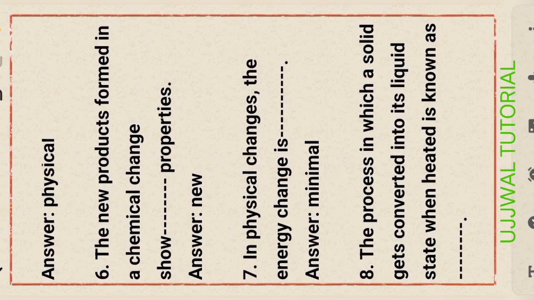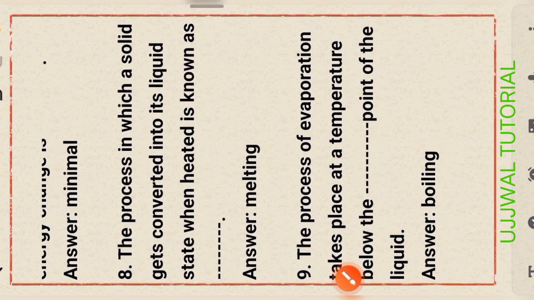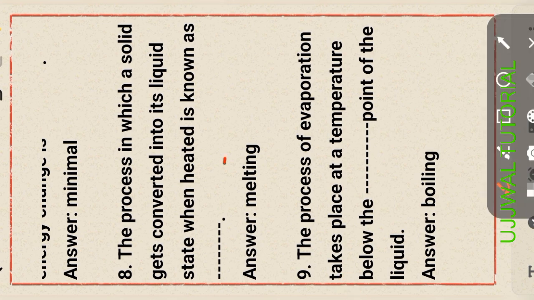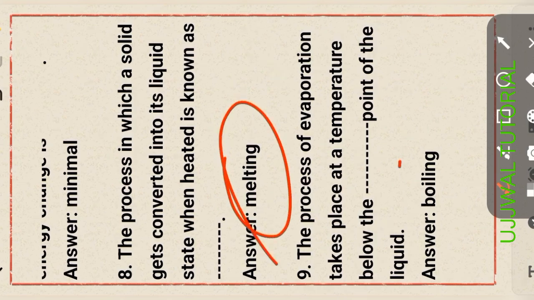Next question, the process in which a solid gets converted into its liquid state when heated is known as melting. Next question, the process of evaporation takes place at a temperature below the boiling point of the liquid.